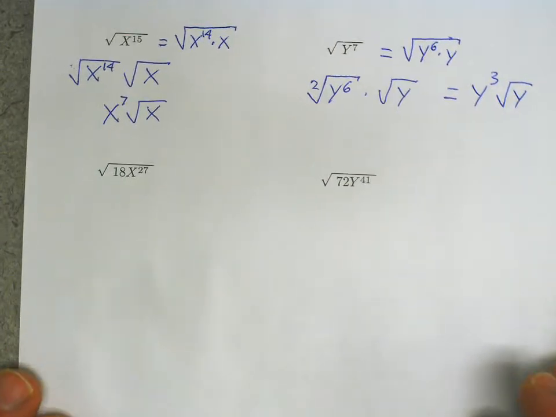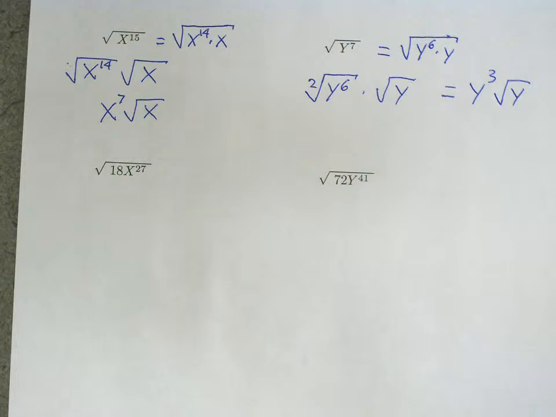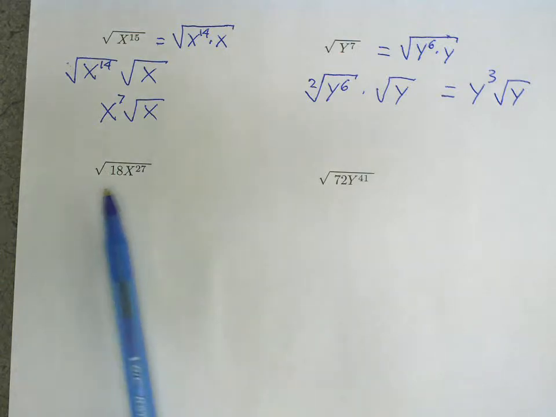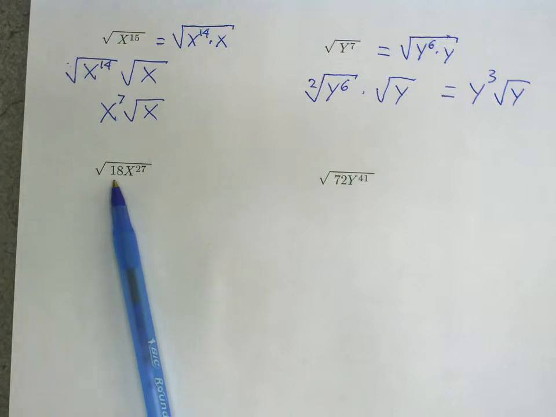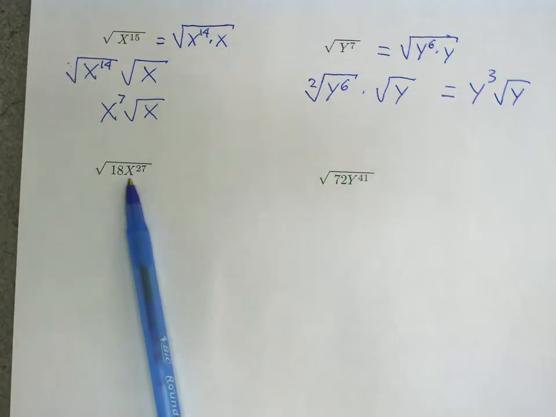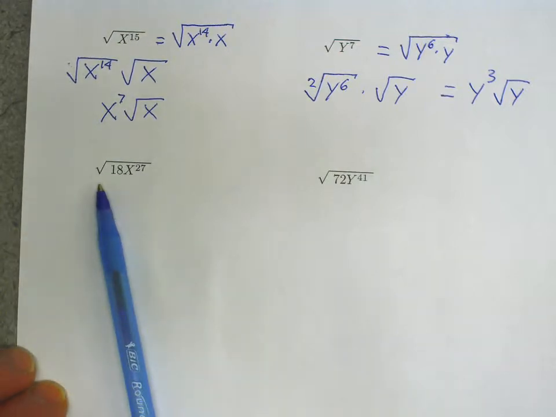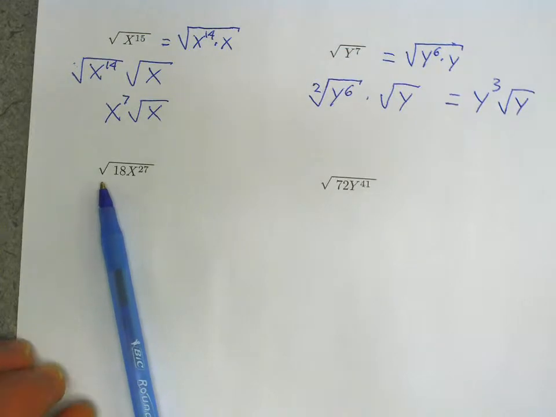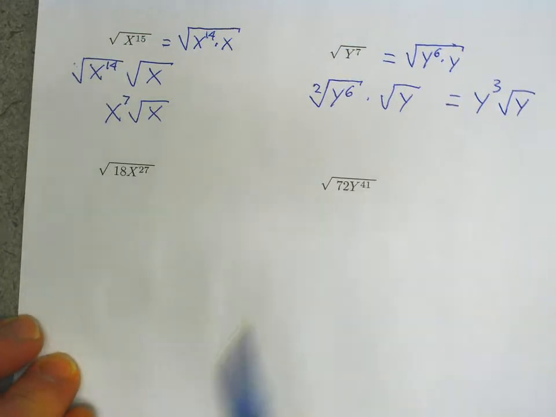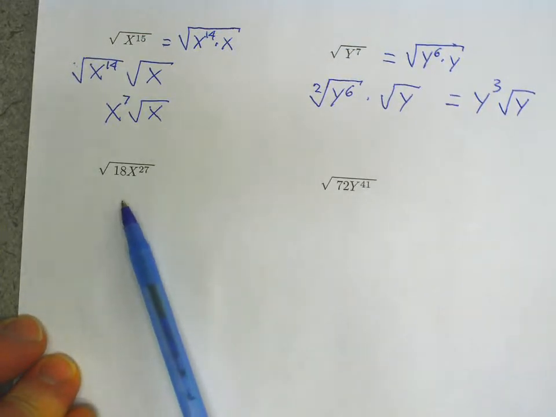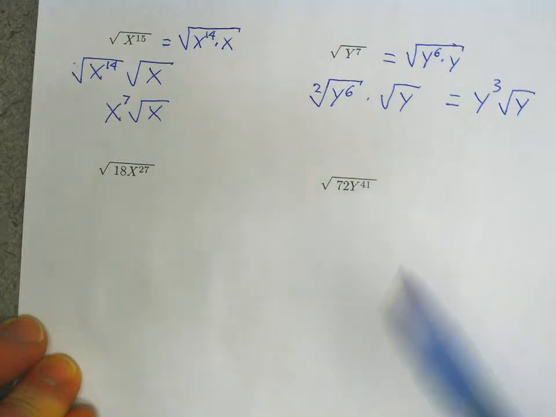In the next pair of examples, we have radicands that involve numerical factors as well as variable factors. So we want to simplify the square root of 18x to the 27th. We're just going to combine what we did in the previous examples.